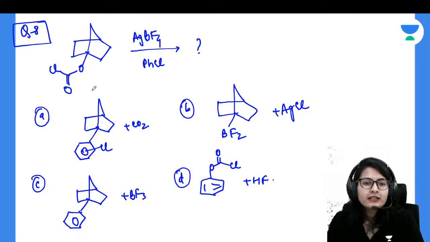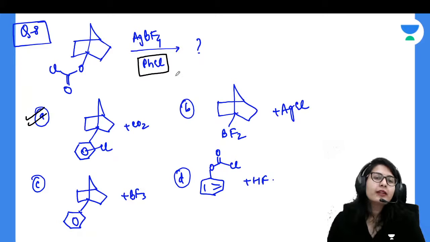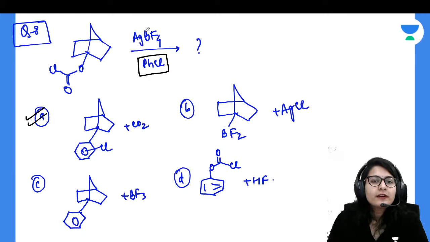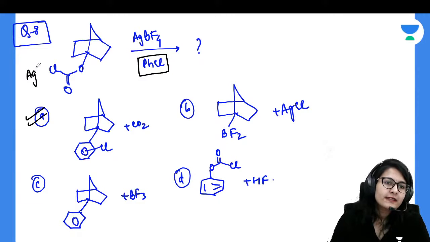Okay, all right. So another example where your chlorobenzene works as a nucleophile, right? So your answer is option number A. And what is happening with this reaction? What is involved over here in the presence of Ag plus BF4 minus? What do you have? What is the Ag plus going to do?